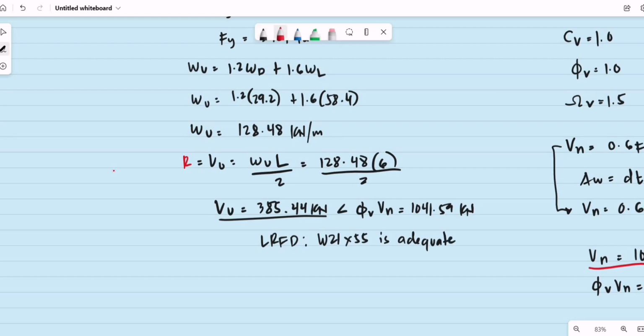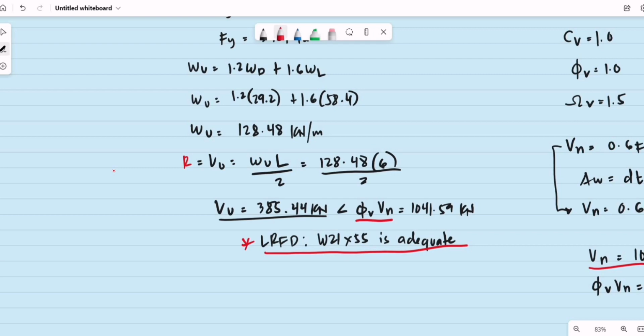Based on our computation, the ultimate shear of 385.44 kilonewtons is less than the capacity of our section, the W21 by 55, which is 1,041.59. So W21 by 55 is adequate under the LRFD method.